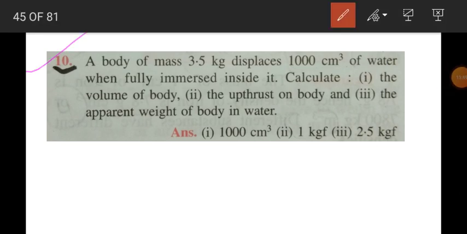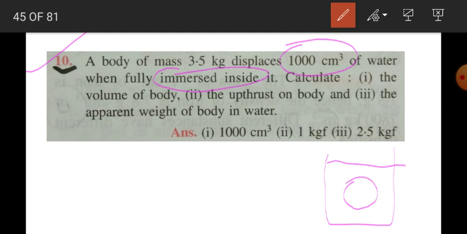A body of mass 3.5 kg displaces 1000 centimeter cube of water when fully immersed inside it. Suppose there is water in a container and there is a sphere in the water. The initial level is something different, and when you immerse the sphere or body, the final level will be different.